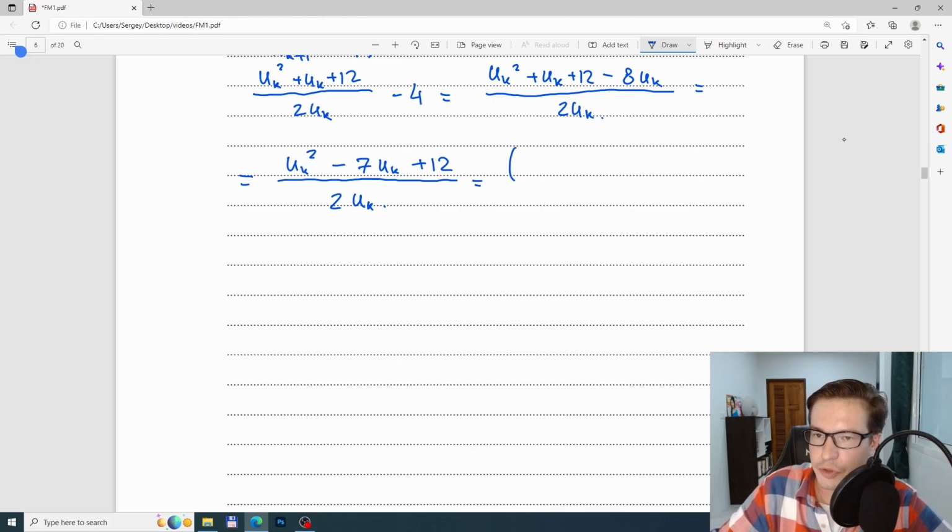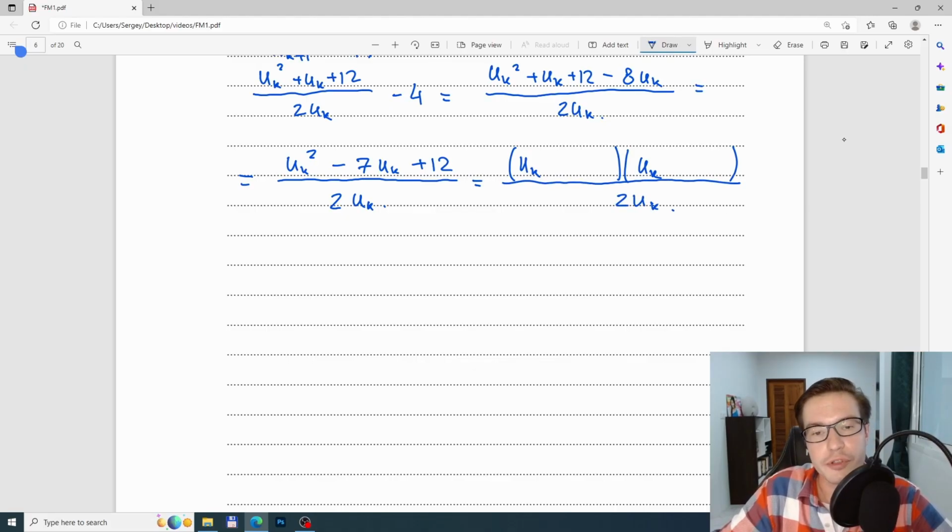So it's going to be 2 brackets, uk and then uk over 2uk. Now I need the two numbers with the product of 12 and the sum of negative 7. So both of them should be negative. And those numbers are, of course, 3 and 4.